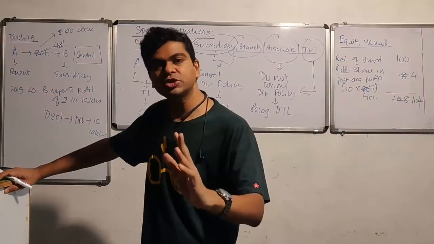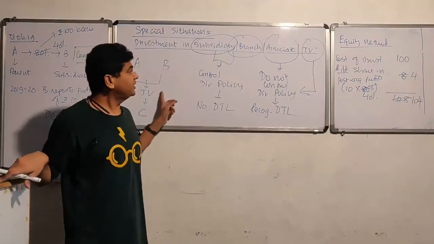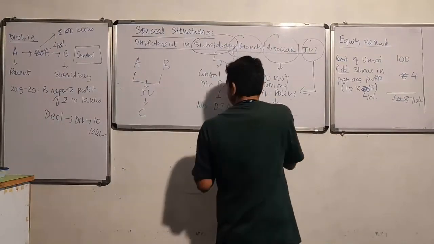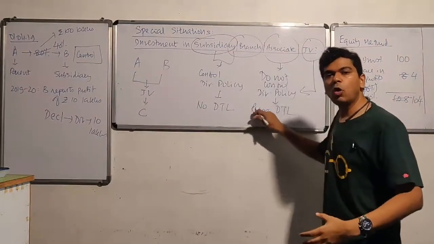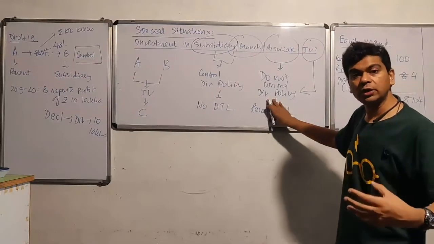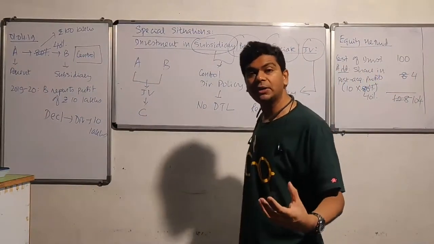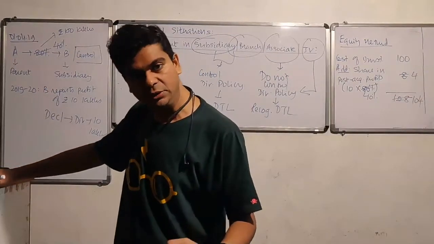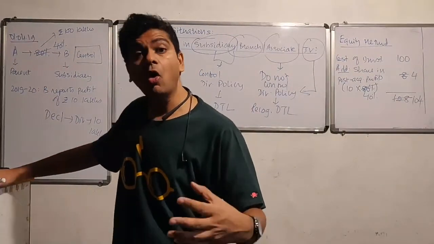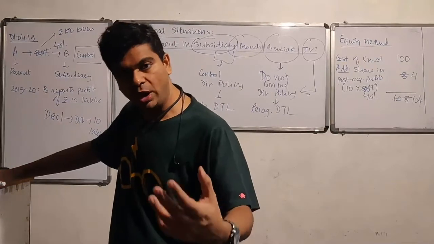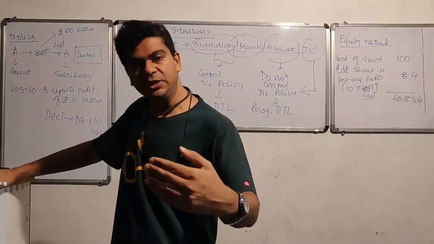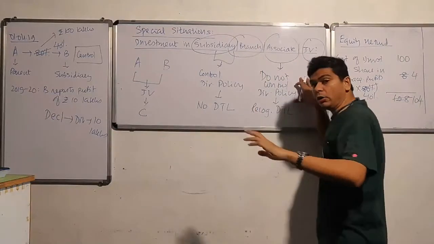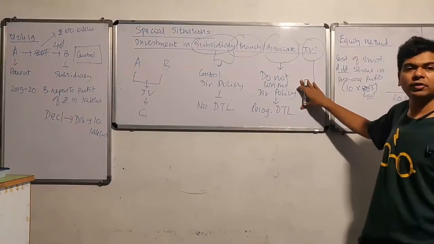So what is the special situation? If it is an investment in subsidiary or branch, do not recognize the DTL because you are in a position to control the reversal of the taxable temporary difference because you are controlling the dividend policy of that subsidiary or the dividend policy of that branch. So don't recognize DTL over there. If you have an investment in associate, you are not in a position to control the dividend policy.